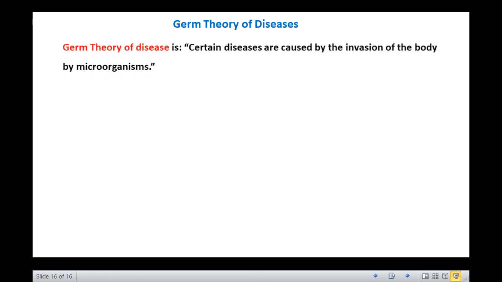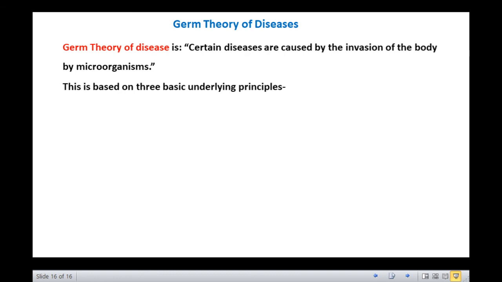After a roller coaster history, germ theorists finally prevailed in proving to the world that disease is, in fact, often caused by microorganisms multiplying in their host. Thus, germ theory of diseases is that certain diseases are caused by the invasion of the body by microorganisms.